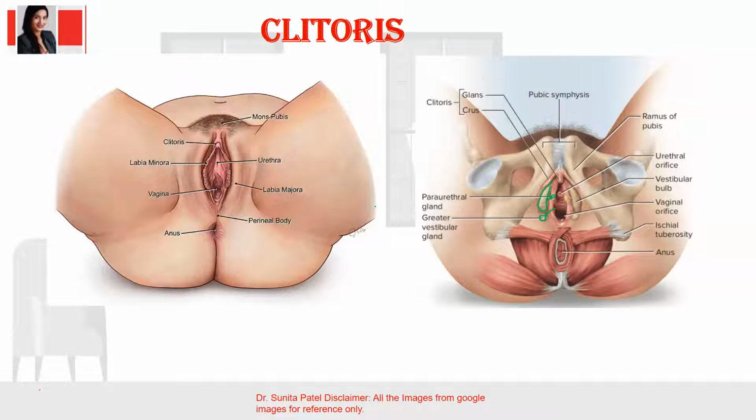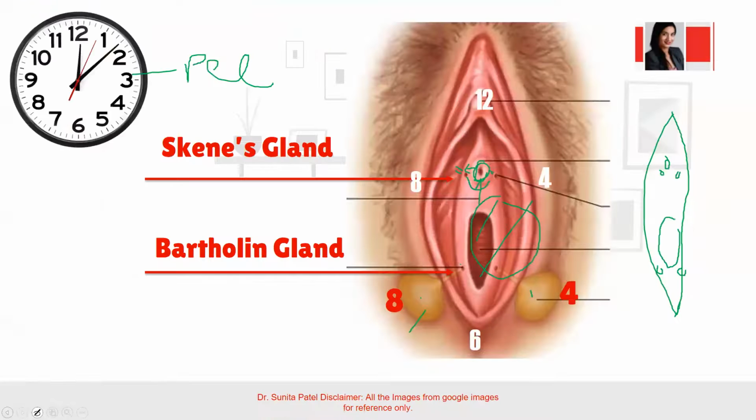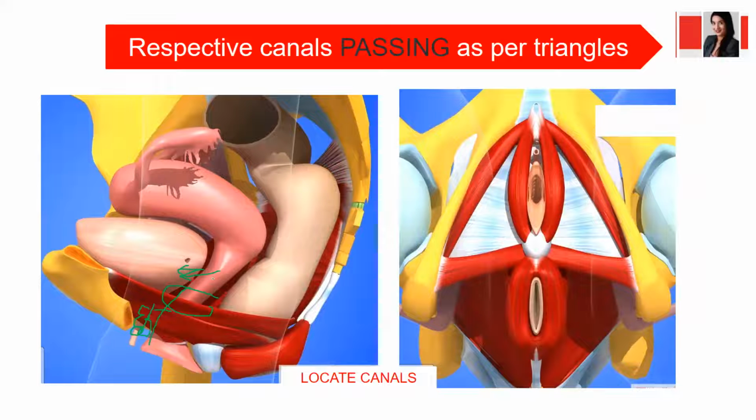Whenever this squeezing happens, the glands get squeezed, even the vestibular and Bartholin glands. The squeeze will also happen on the urethra, because the urethra is present anterior to the vagina.